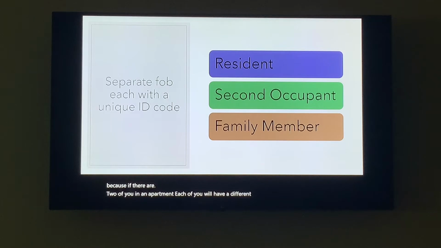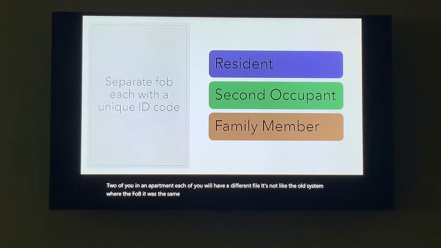It's not like the old system where it was the same FOB. It's identified individually with a unique ID code. So if there are two of you, you have two different codes. If you have a family member, there is a different code for each and every family member that you get a FOB to.